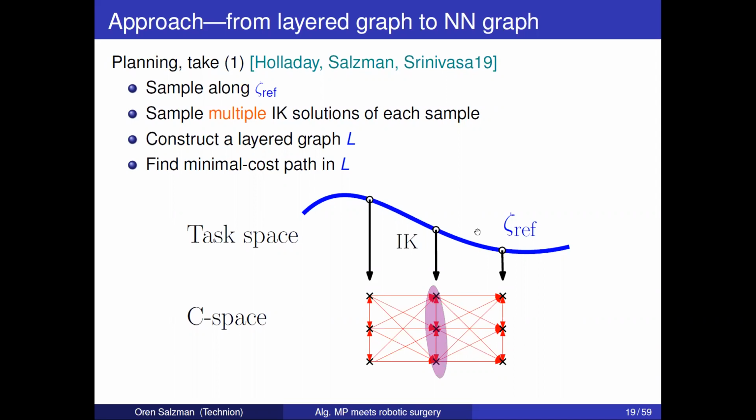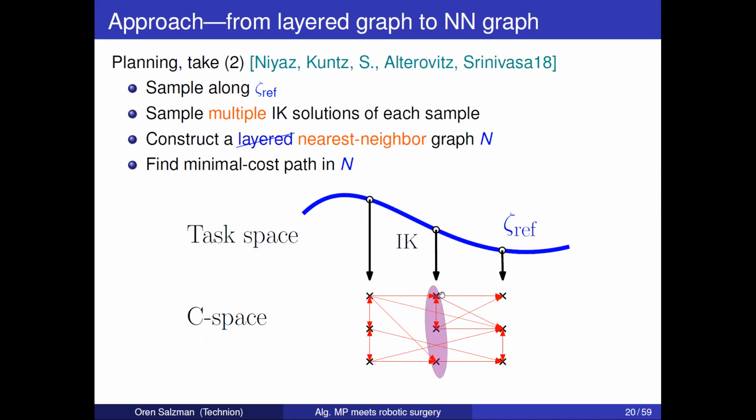And then Schertl, one of Sid's students who worked with us on this problem, suggested a very simple modification inspired by the common wisdom in sampling-based algorithms, where we connect every point not to its subsequent layer, but to a set of nearest neighbors, because we want to make small motions in the C-space.